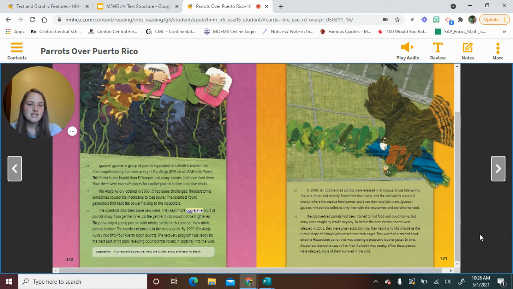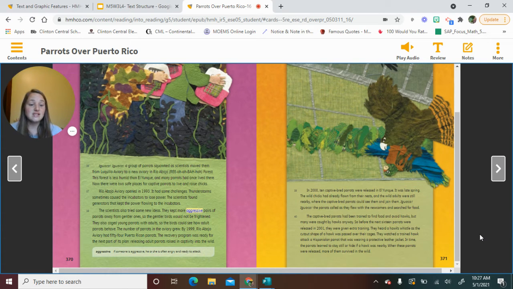In 2000, 10 captive bred parrots were released into El Yunque. It was late spring. The wild chicks had already flown from their nests, and the wild adults were still nearby, where the captive bred parrots could see them and join them. Iguaca, Iguaca, the parrots called as they flew with the newcomers and searched for food. The captive bred parrots had been trained to find food and avoid hawks, but many were caught by hawks anyway.